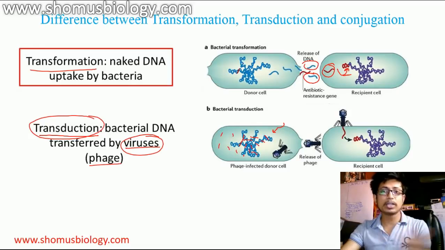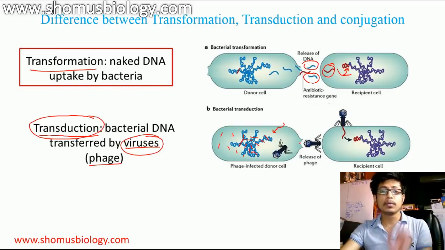Now the fragmentation occurred inside the donor cell. Once they start packaging their own genetic material inside the viral head, sometimes through mistake they take some part of the bacterial chromosome or bacterial DNA fragment inside one of those phage heads.